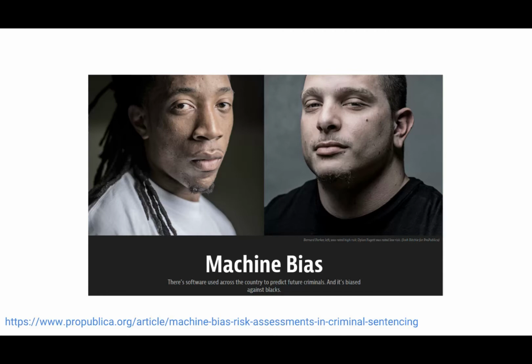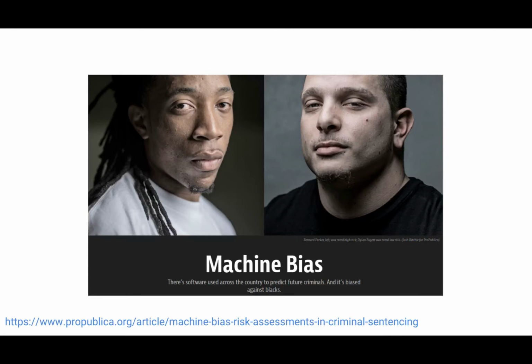A widely known example of this in the United States is the case of automatic sentencing for recidivism. So the idea is that you could use characteristics of people to predict how likely they are to recommit a crime. And by predicting how likely they are to recommit a crime, you could determine what sentence they should get. Well, the data that have been collected that are used for making these predictions are based on historical arrest and historical recidivism records, which have all sorts of cultural, historical, and sociological biases built into them.